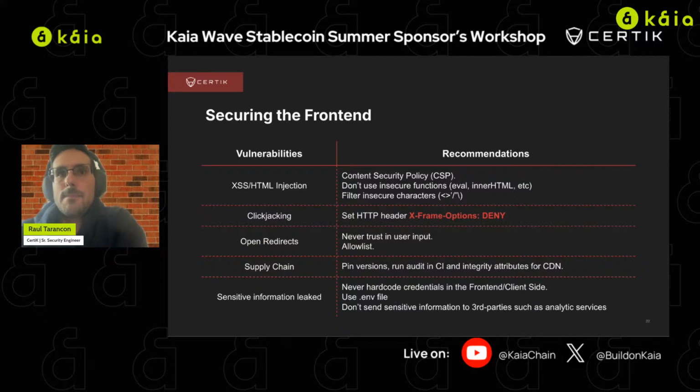And finally, sensitive information leaked. We should never hardcode credentials in the front end. Instead, use an env file, and don't send sensitive information to third parties, such as analytics services.